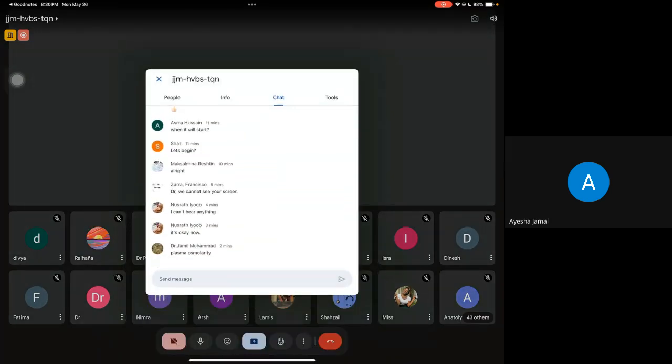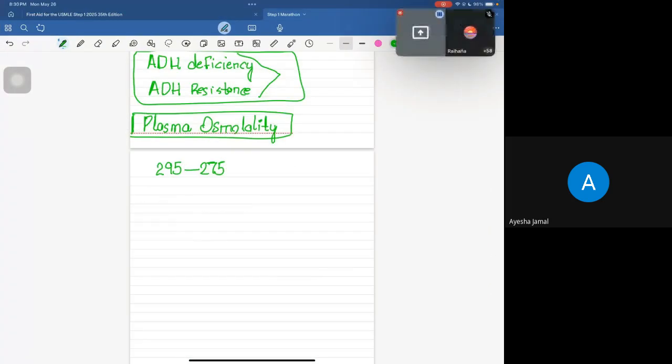Now, if a patient is having increased amount of ADH secretion, right? This concept is very important. If a person is having increased ADH secretion, the body is gonna absorb more water, right? When more water is absorbed, the solutes are gonna get diluted. This is very simple.